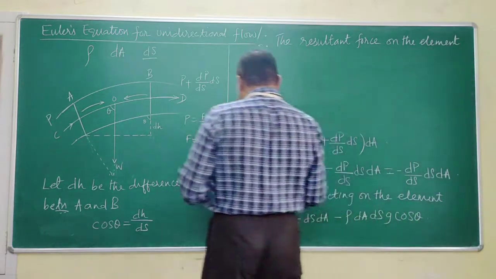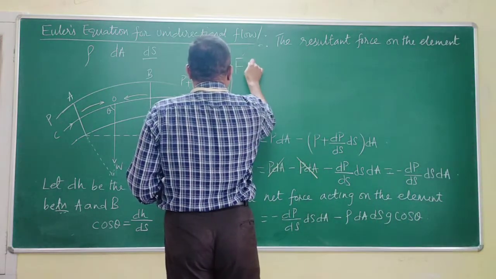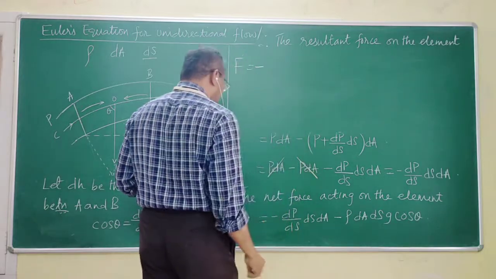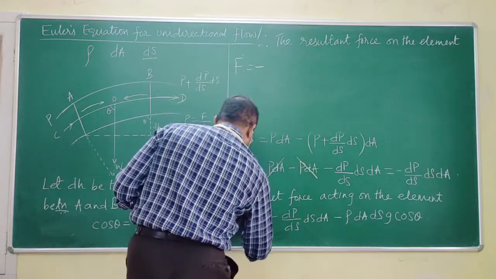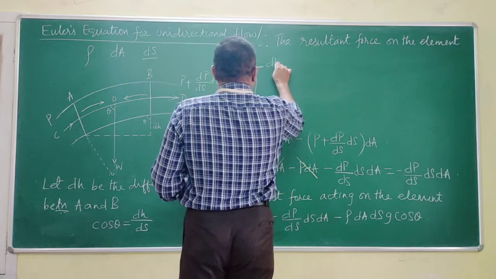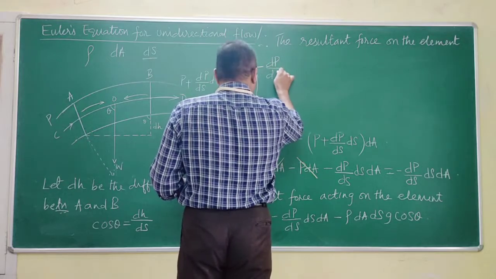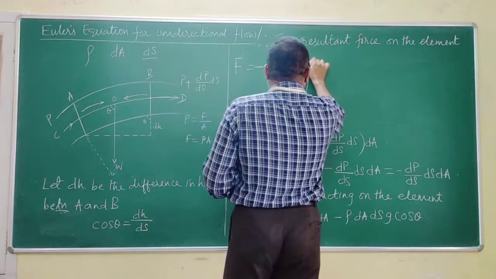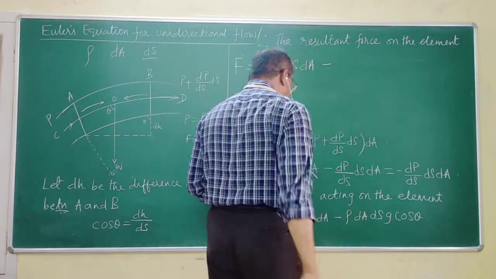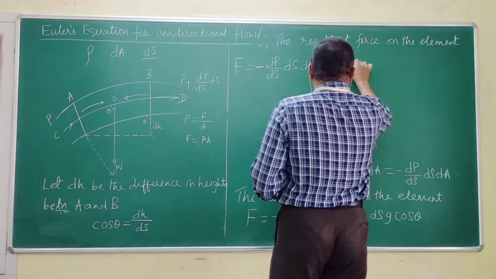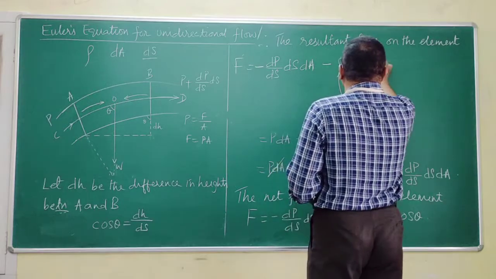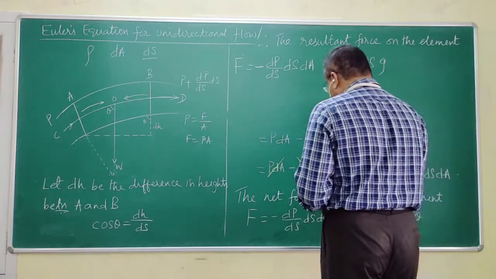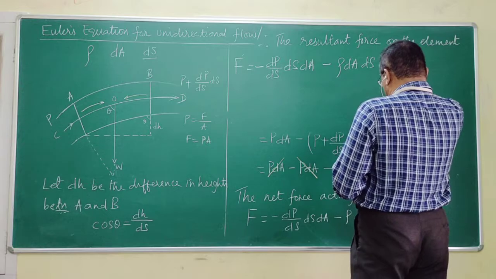Resultant force, let me call it F, is equal to minus dP by ds into ds into dA minus rho dA ds g into cos theta.